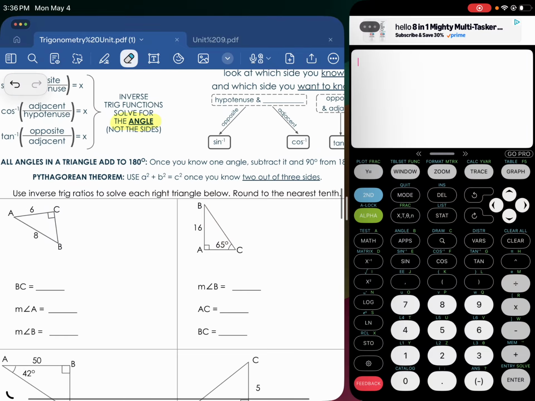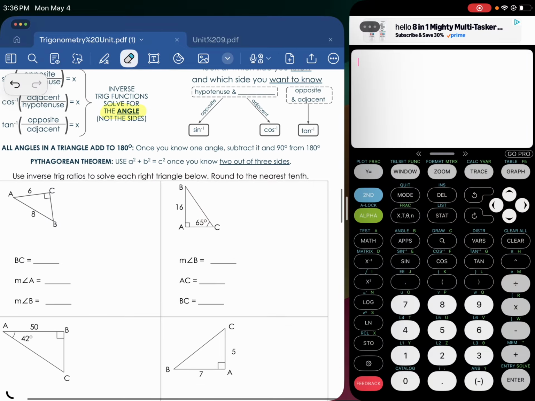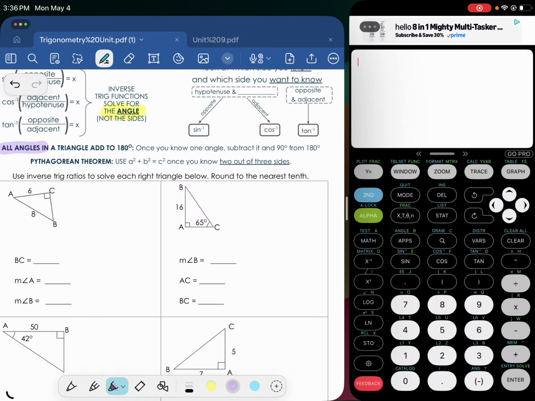Now, one other thing before I start any problems is kind of a refresher. All angles in a triangle need to add to 180 degrees. One of those angles is always going to be 90 because trig ratios only work in right triangles.